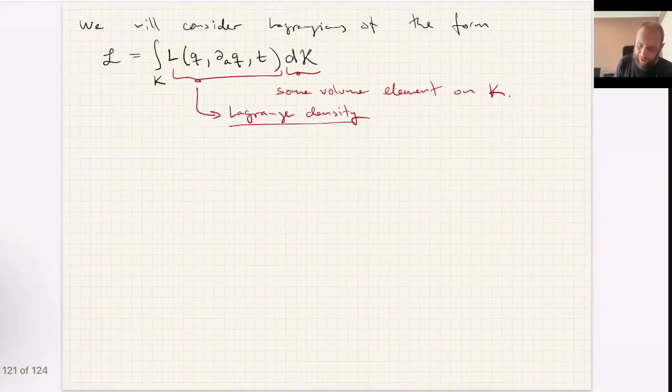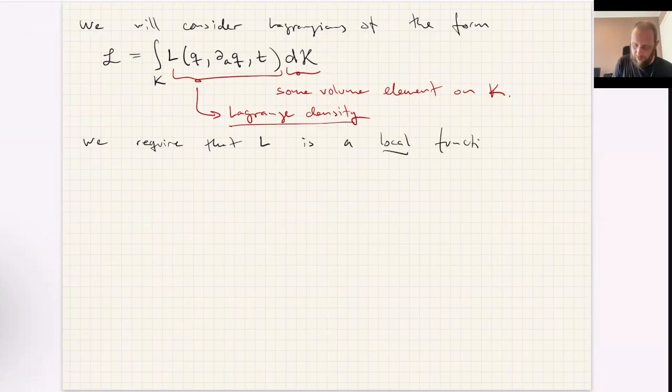We also require that L is a local function. That essentially means that I only have one integral over k here. Whatever I put in here, q is evaluated at each position of the integral.